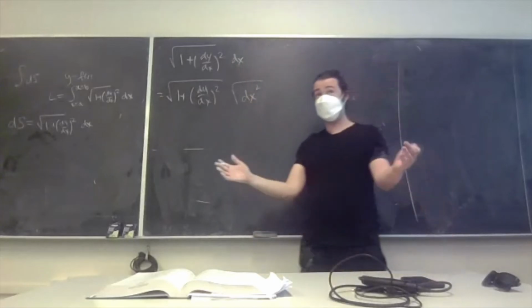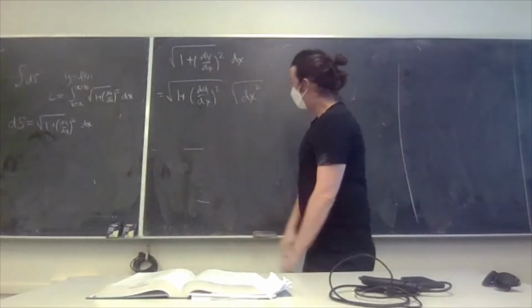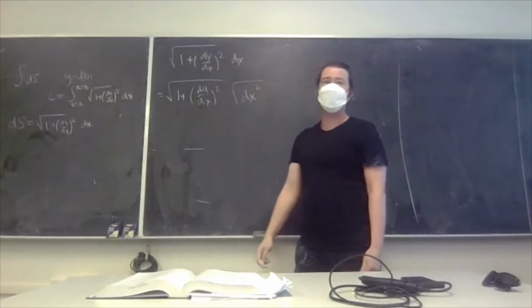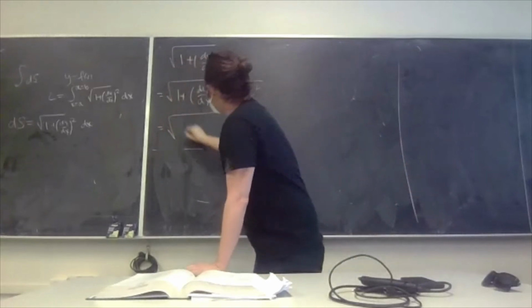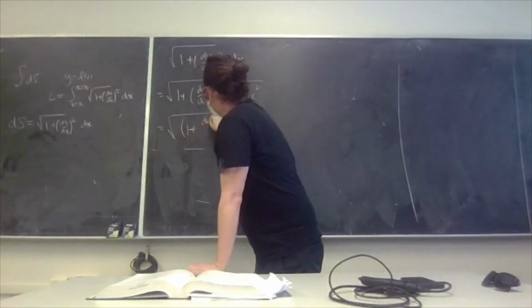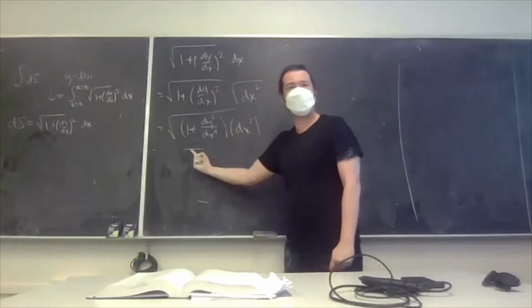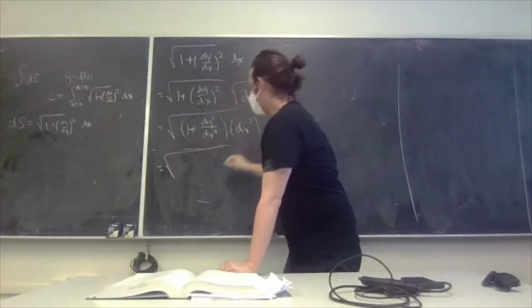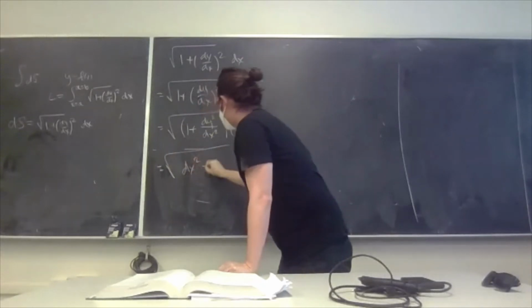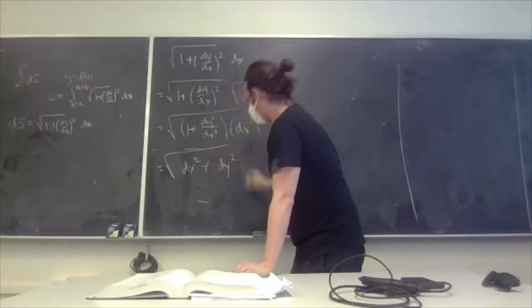You guys chose to be scientists, not me. This is your fault. Well, if I've got two things under square roots, I can clearly combine them as one square root. So this is equal to the square root of 1 plus dy squared over dx squared, times dx squared. And I can distribute the dx squared inside. 1 times dx squared is just dx squared, plus, now the dx squared and this dx squared cancel, and I get a dy squared right here.